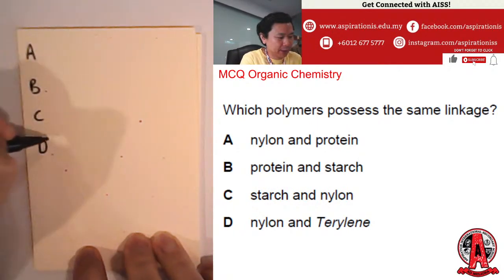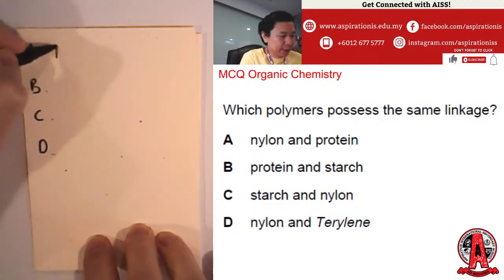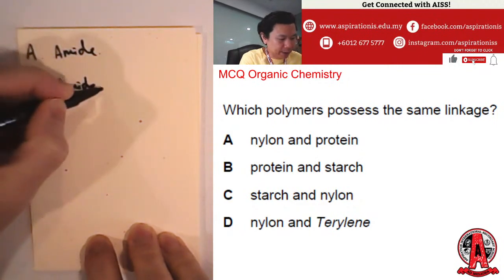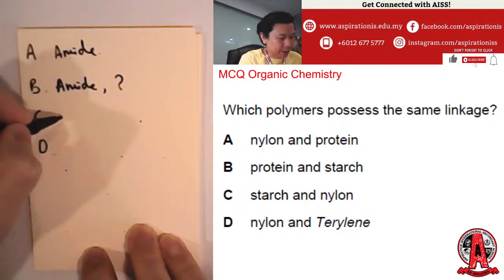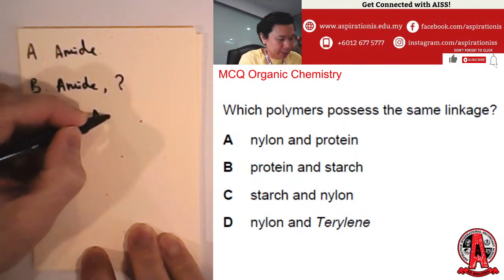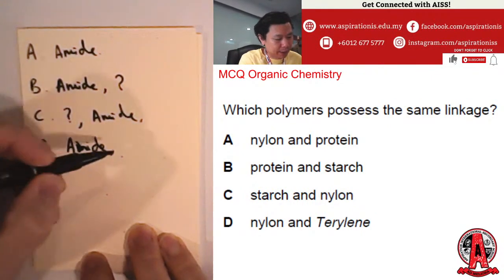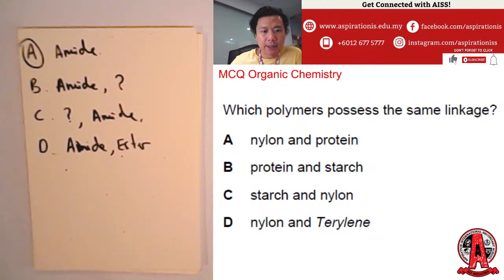What is the name of the link in A? Very good. So A is the amide link. B is the amide link, and starch doesn't really have a proper link, it's just oxygen. Nylon is amide, and I hope you remember terylene is ester link. So the answer to this question is A.